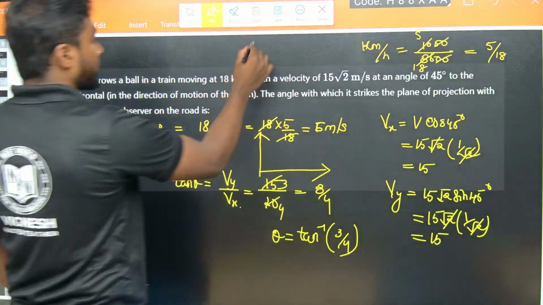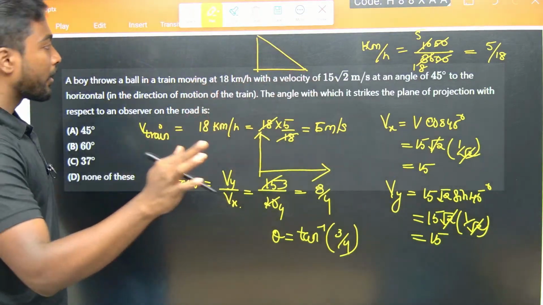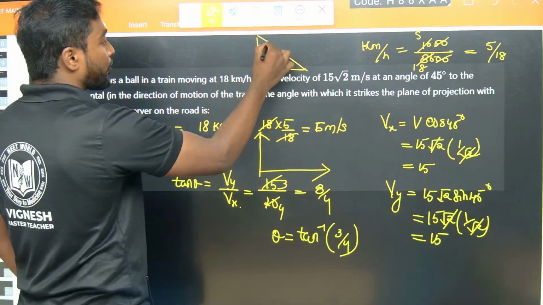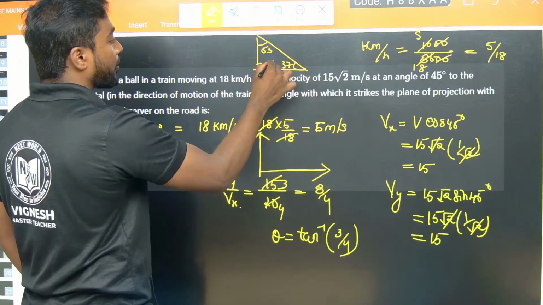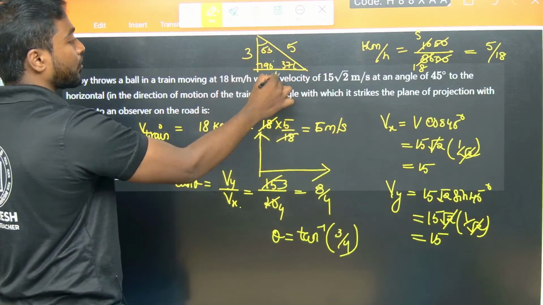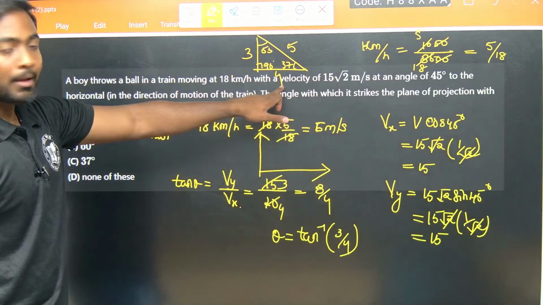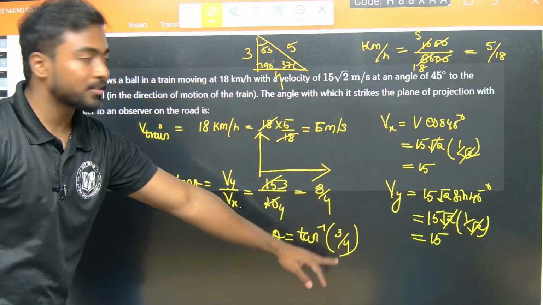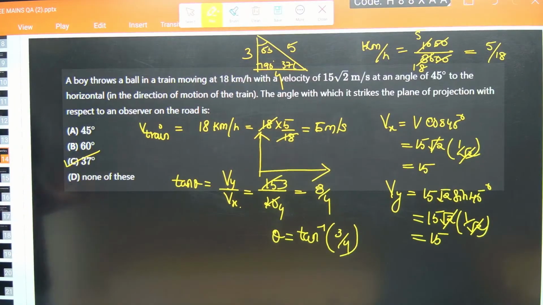So, simple thing, take 3, 4, 5 triangle. So, angle will be 53 degree, this is 37 degree and this is 90 degree, right. So, which is the highest number? 5. So, this is 3 and this is 4. Okay. 3 by 4 they are asking, no, opposite by adjacent. So, which is 37 degree. So, 37 is the correct answer.